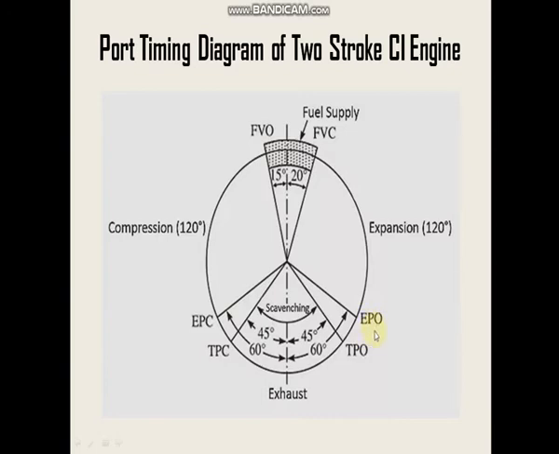With further movement of the piston towards the bottom dead center, when the piston reaches about 45 degrees before BDC, it uncovers the transfer port. This is known as the transfer port open, TPO.